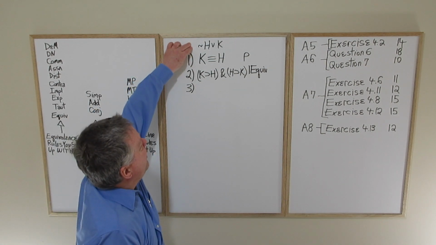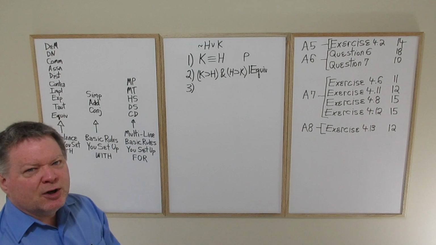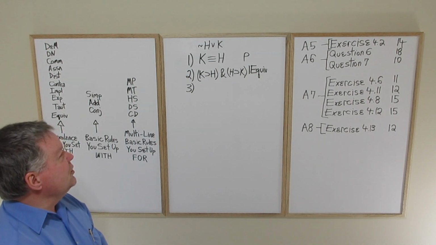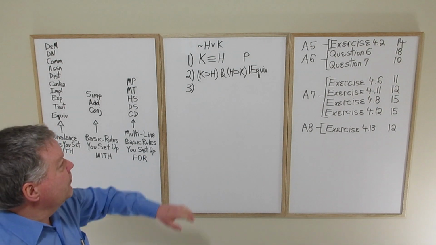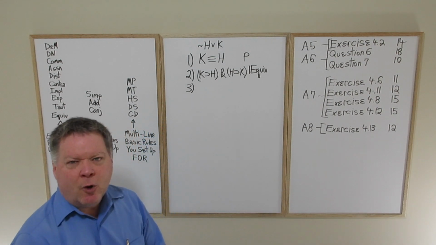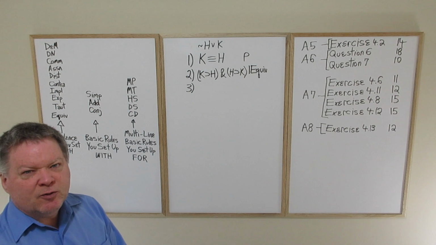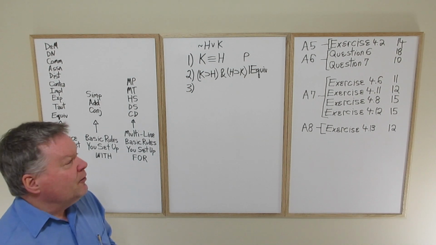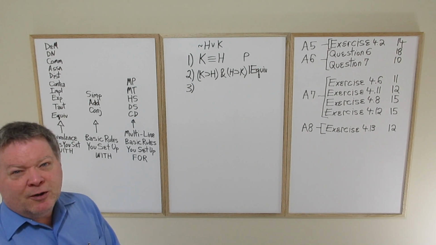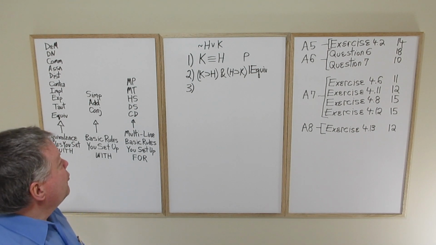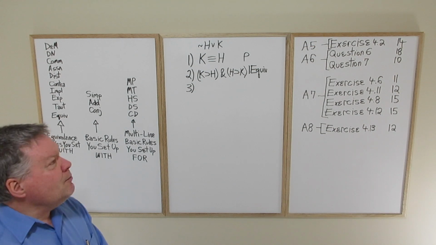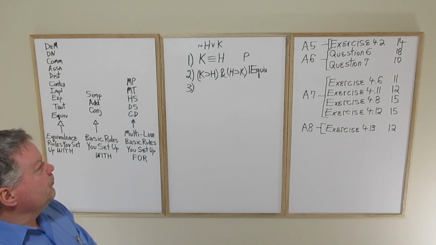If we look up at the conclusion, what we want to derive is the disjunction tilde H or K. What we have are two conditionals. Hopefully you're familiar enough with the rules that you recall the rule that enables us to transform conditionals into disjunctions, namely implication.